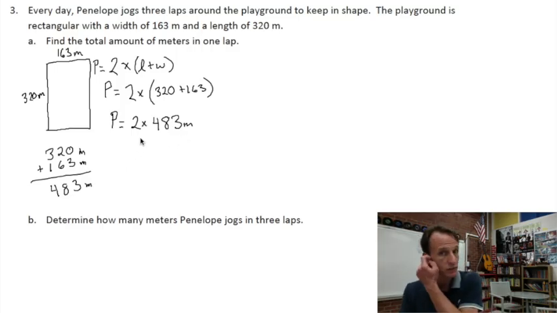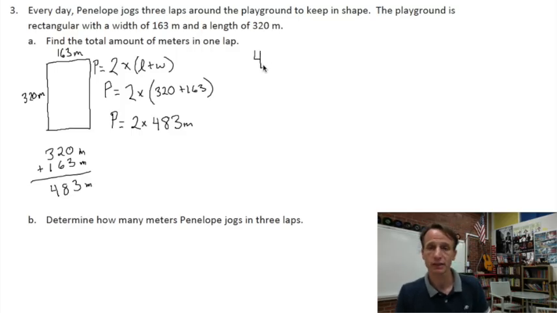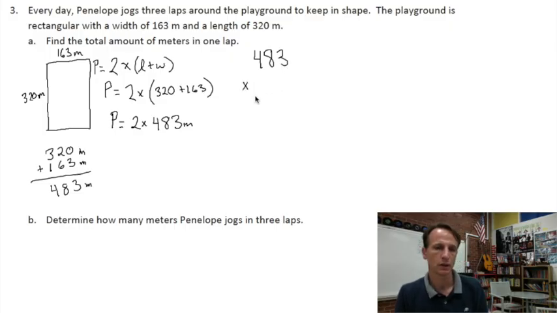And so now let's write this out with partial products. We don't need to do a big place value chart here. Let's go right to the partial products. 483 meters, the two sides together, and we're going to multiply that by 2.